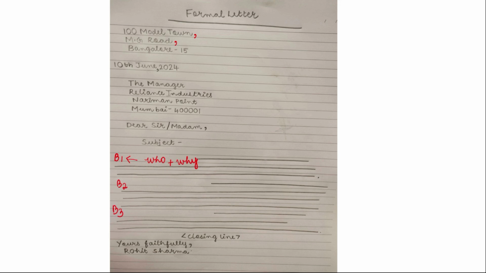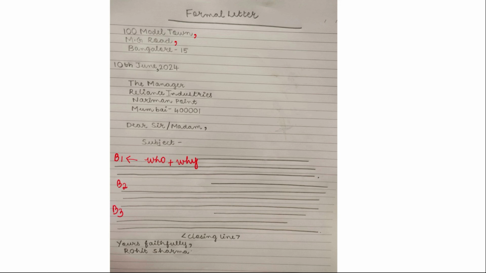But unfortunately, I purchased a television from your brand or from your company and it was faulty. So I'm writing this letter to get the product replaced. So who you are, you're the customer who bought a product, and why are you writing?